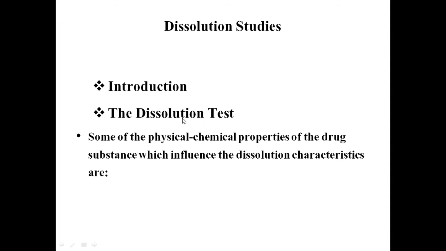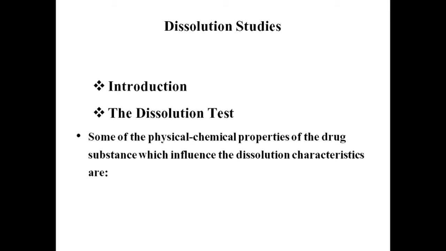The dissolution test. In order for a dissolution test to demonstrate the unique dissolution characteristics of the dosage form, the dissolution procedure should be based on the physical and chemical properties of the drug substance as well as the dosage form characteristics.